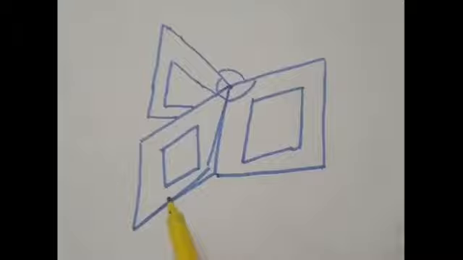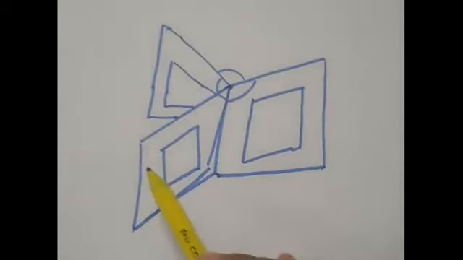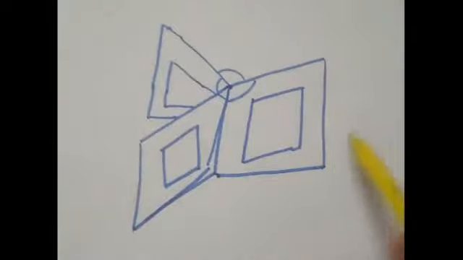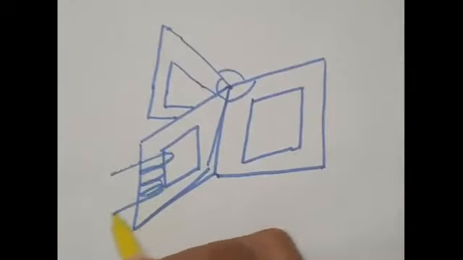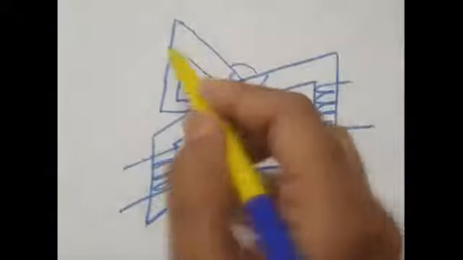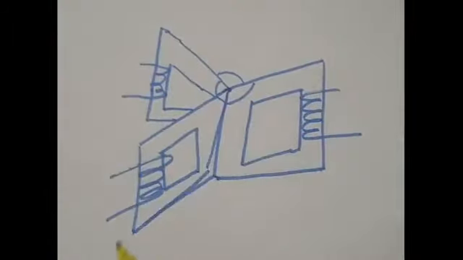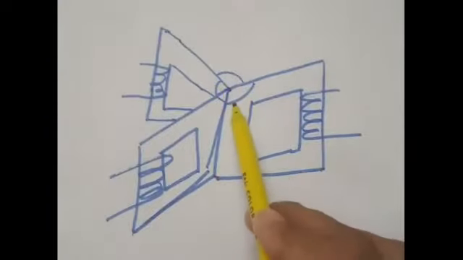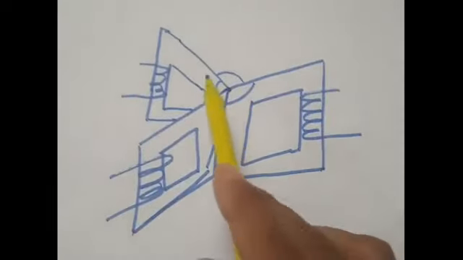What we do is make a common point here, and at these sides we'll have the secondary coils. At these ends we'll have our coils, and this will be the midpoint of all.